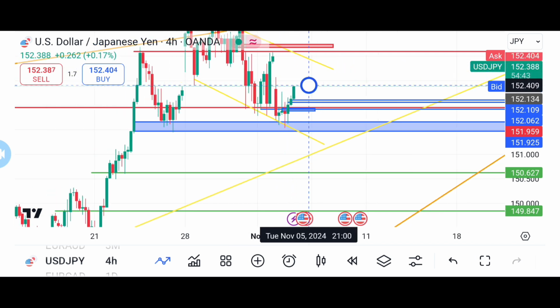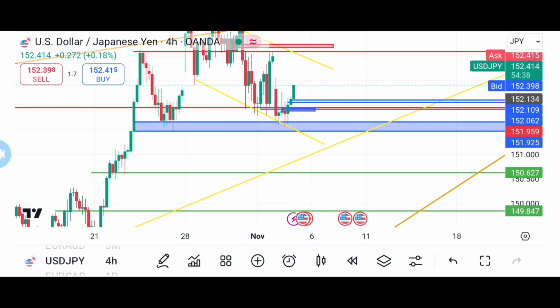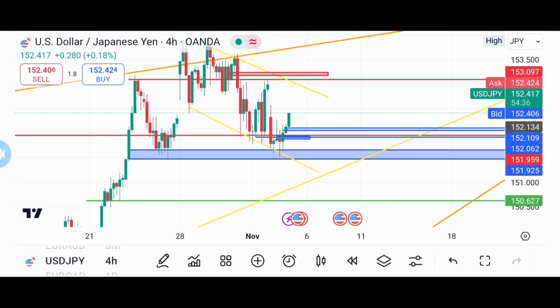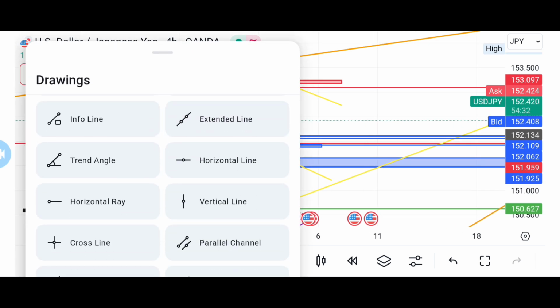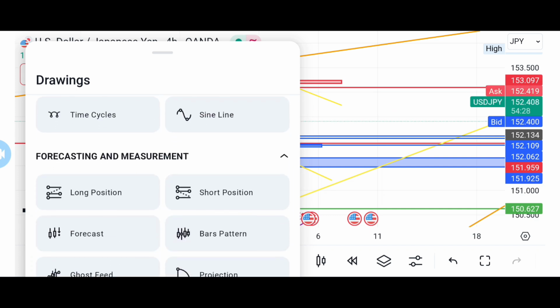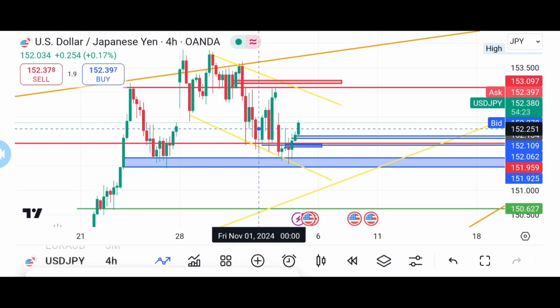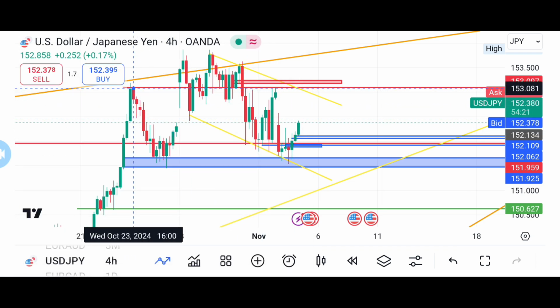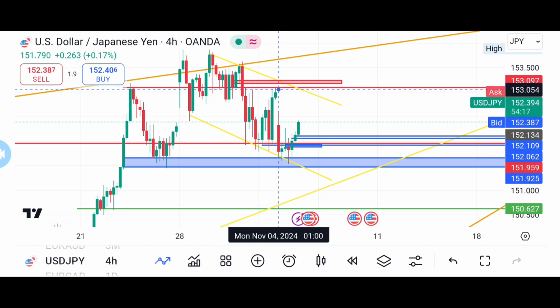So, and if you have watched my previous analysis, we analyzed and we said that in the 4 hour time frame, we had something like head and shoulders. And we said that this was the right shoulder, this is the head, okay, and then the price was here.